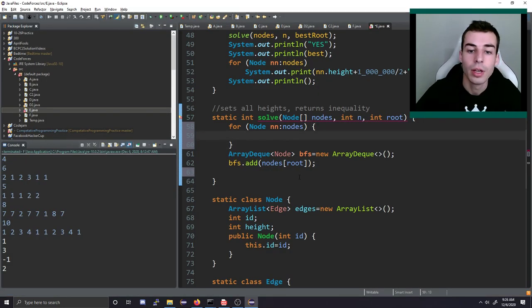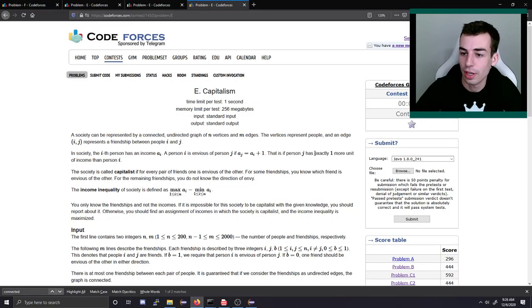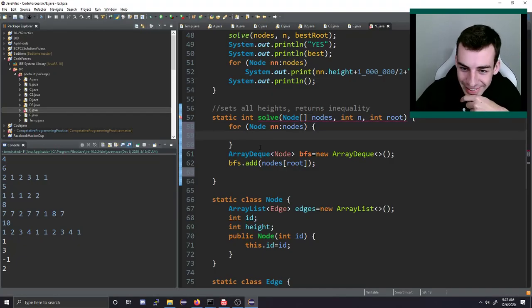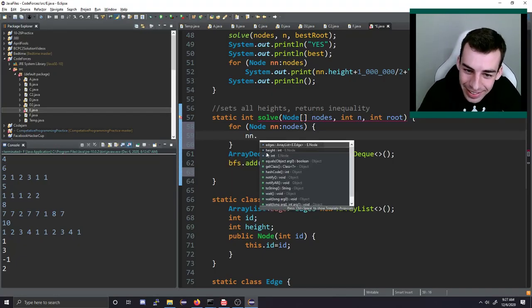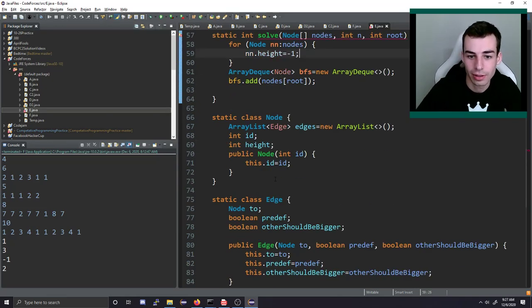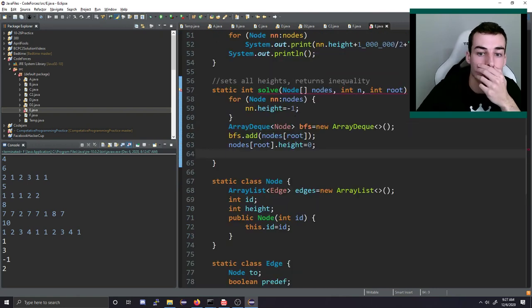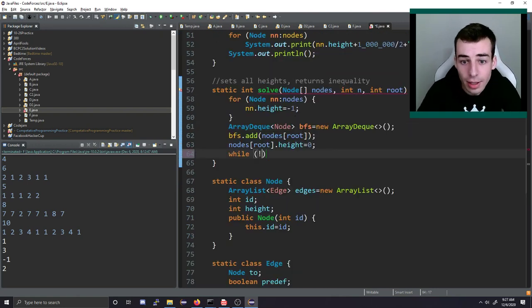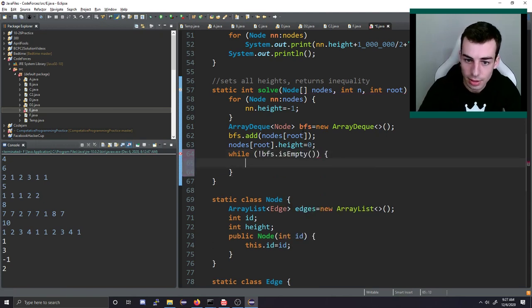Okay. How much time? 8 minutes. Not gonna finish. Darn it. And dot height equals -1. Nodes at root dot height equals 0. Well, not BFS dot is empty. Node next.